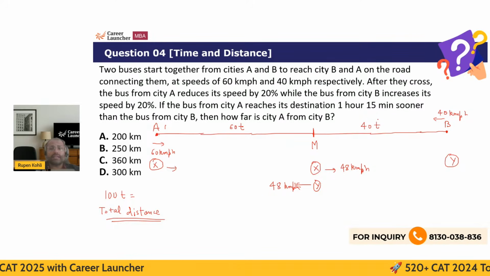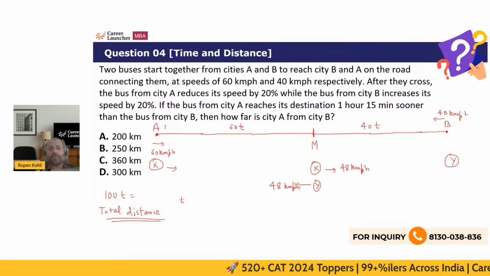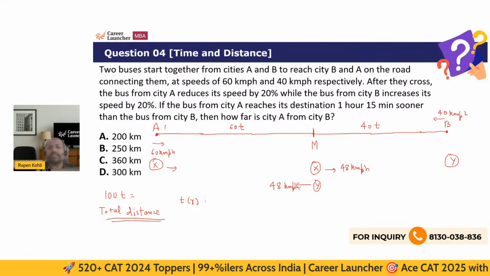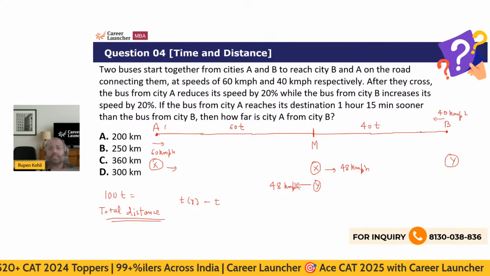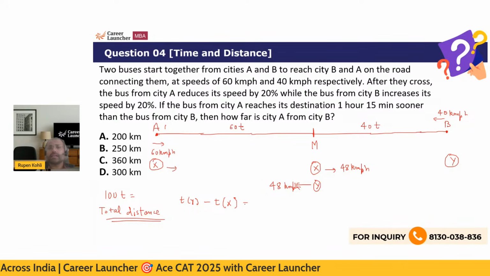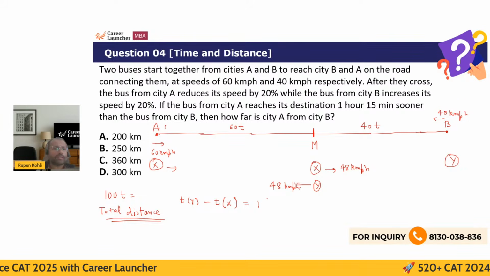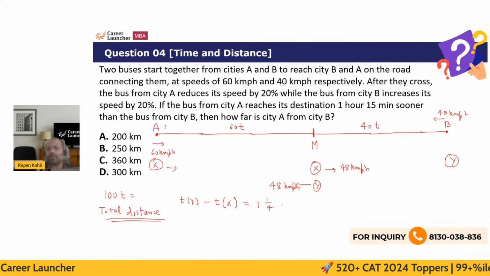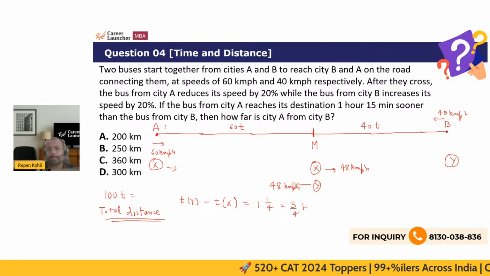So we can now create the equation for this difference in time. The time for bus Y is 1 hour 15 minutes more than the time taken for bus X. So Ty, time of bus Y, minus Tx, time of bus X, is 1 hour 15 minutes, which is 1 and 1/4 of an hour, or 5 by 4 hours.